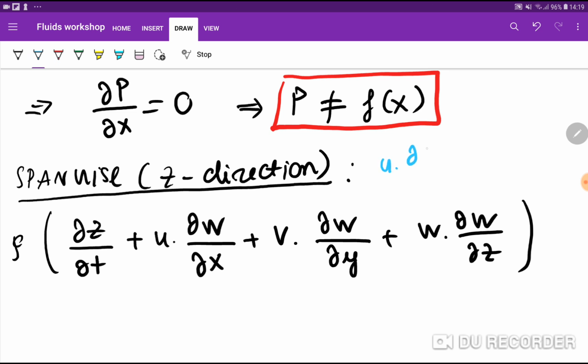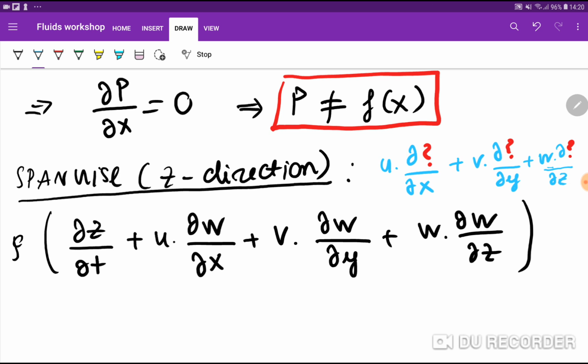It's u times partial of your candidate over partial x plus v times partial of your candidate over partial y plus w times partial of your candidate over partial z.